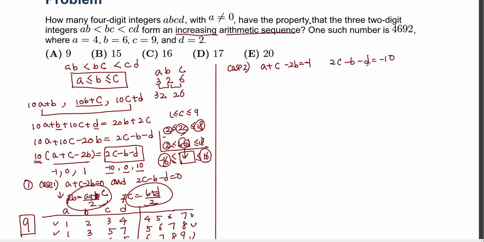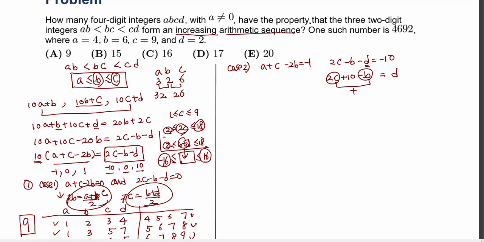Or maybe you can take it over here. What is d? d equals, I'm going to move d to the right: 2c plus 10 minus b. When you take it over here, c is greater than b, right? This is a positive number. Can you see it over here? c is greater than or equal to b, it doesn't matter.